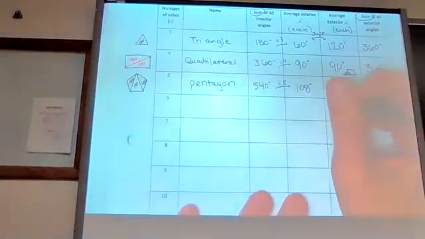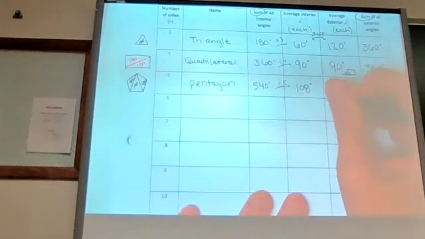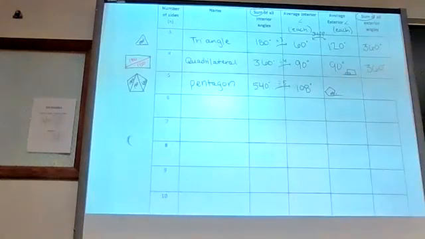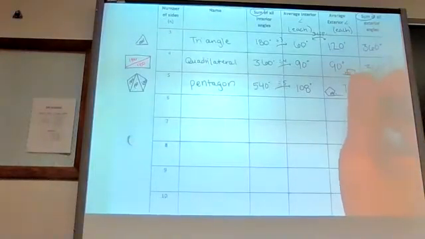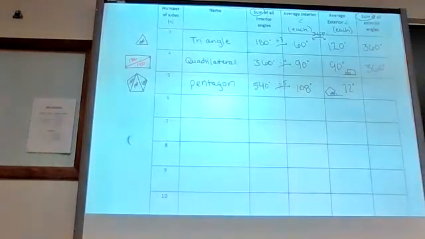Again, I'm probably not going to draw the next one. Here's my pentagon. If I have 108 degrees on the inside, then my exterior angle would be how many degrees? 72 degrees. Now here comes the tricky part.